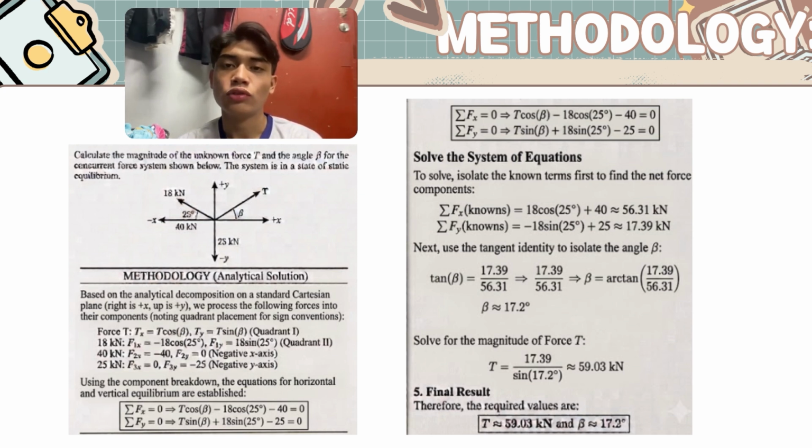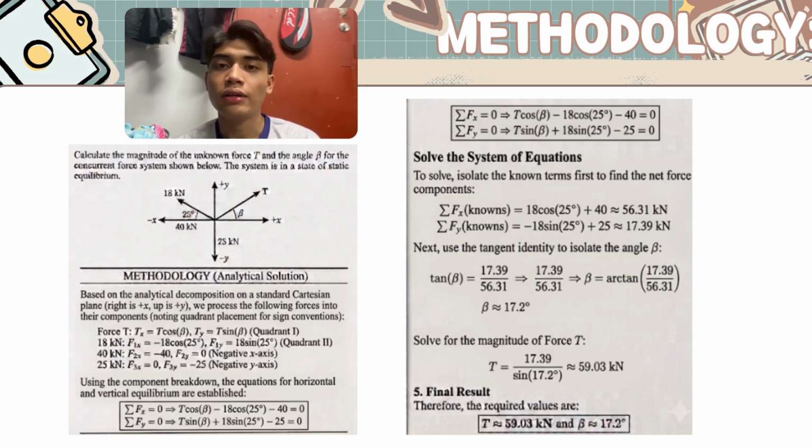Next, we do the same for the vertical forces. Setting the sum to 0, T sin beta plus 18 sin 25 degrees minus 25 equals 0. Moving the known numbers to the other side reveals that the net known vertical force pulling down is approximately 17.59 kN. Now we solve the system of equations.